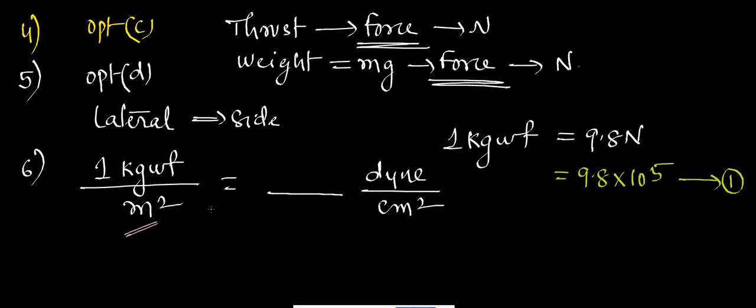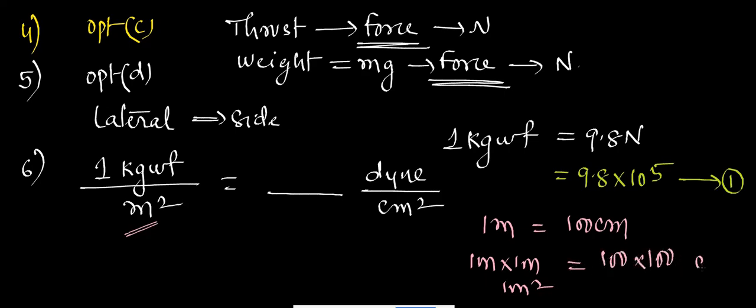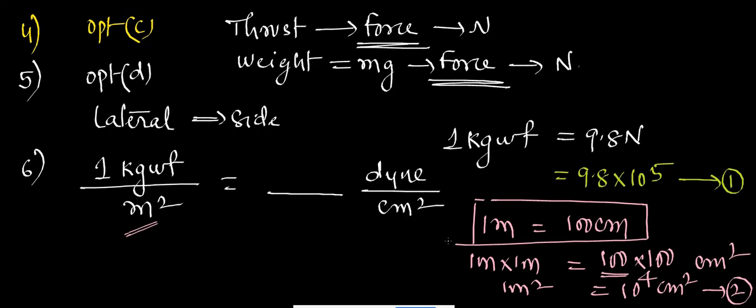Now the denominator, meter square. 1 meter is equal to 100 centimeters. If you take 1 meter into 1 meter, it becomes 1 meter square. So how much will you get? 100 into 100 centimeter square. So this is 10 power 4 centimeter square. 100 you can write as 10 square, no? 1 meter is 100 centimeters.